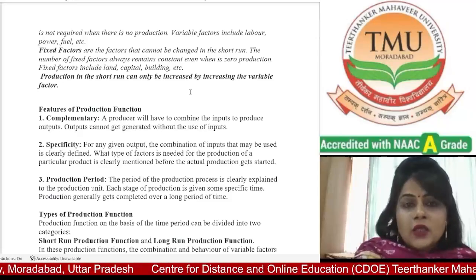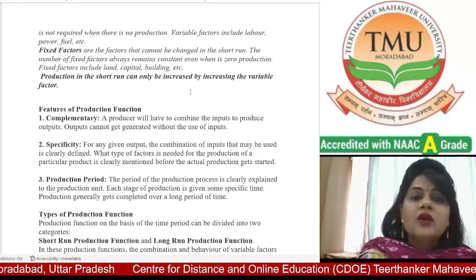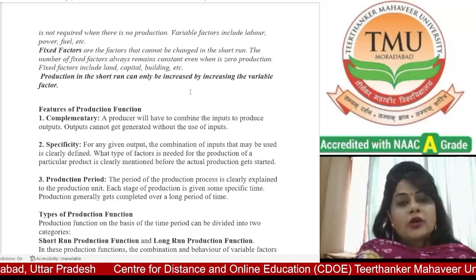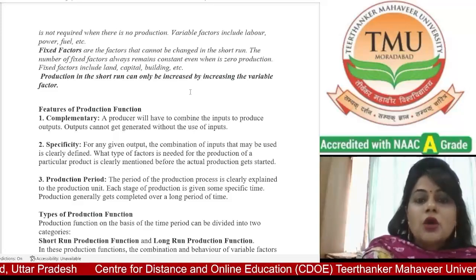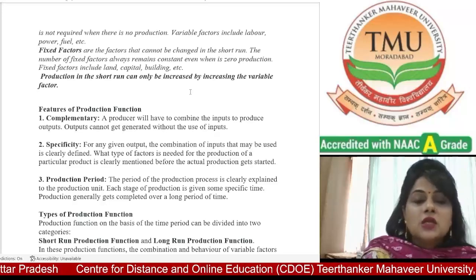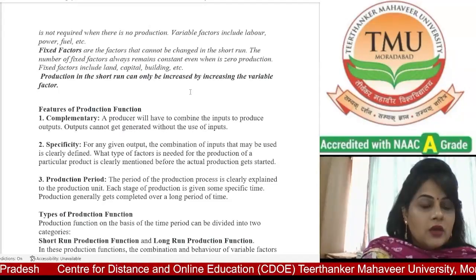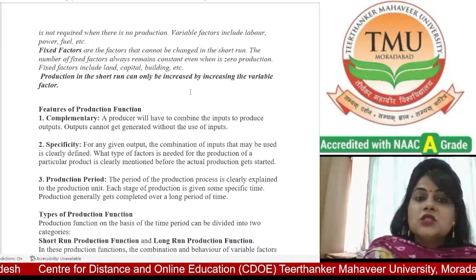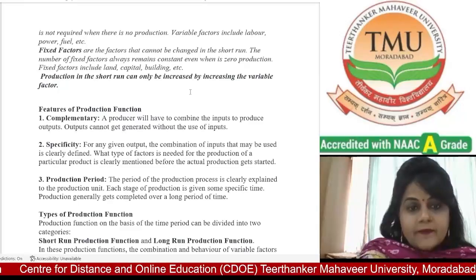Now, I think you understood. I will also explain it briefly. Fixed factors exist only in the short run, and variable factors exist both in the short and long run. The fixed factor is independent of output in the short run, while variable factors change with the change of output in the short run.